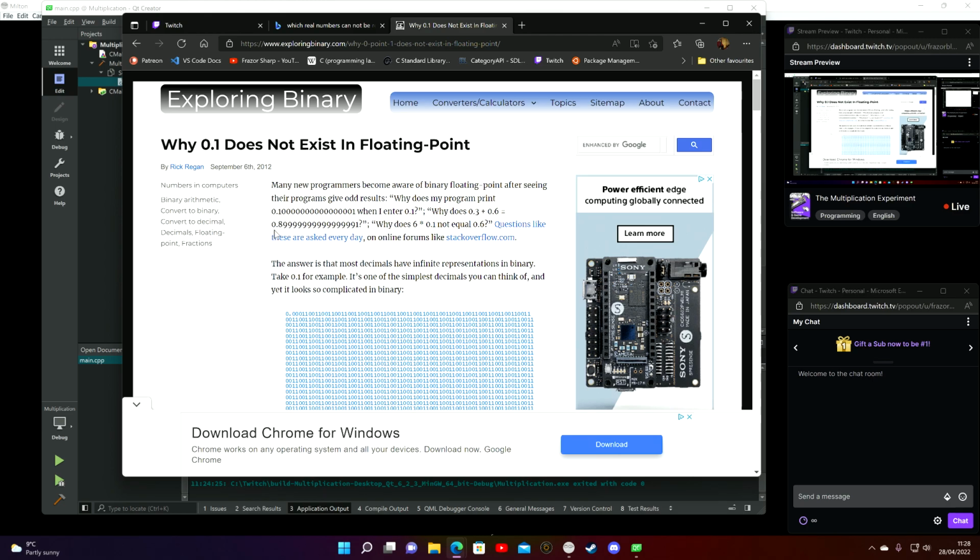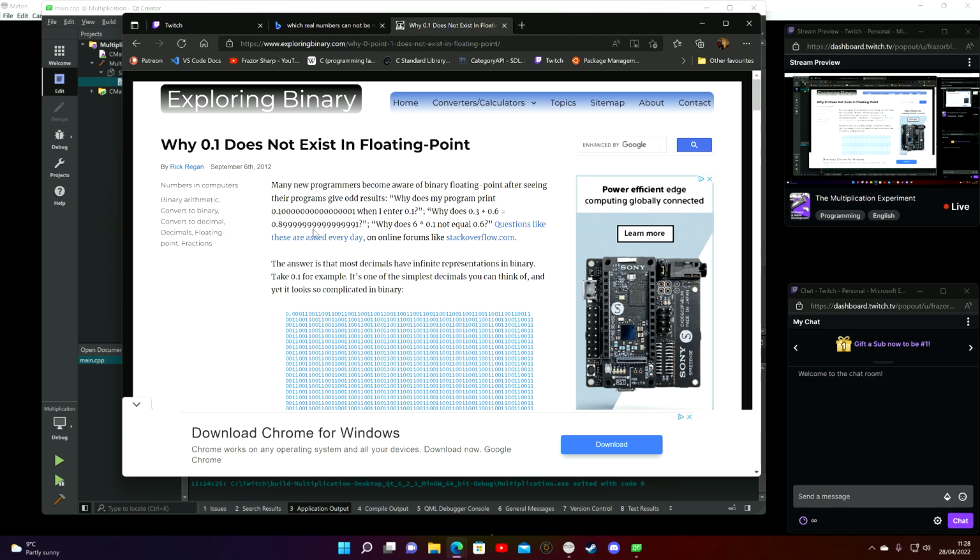So, why does 6 times 0.1 not equal 0.6? And that's because it can't be represented. Right, yes. Yeah, 0.3 plus 0.6 here equals 0.9.